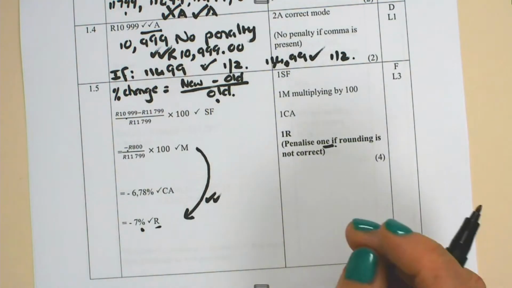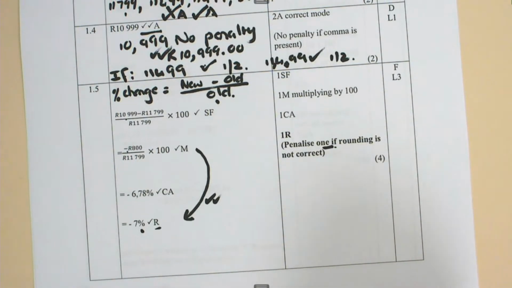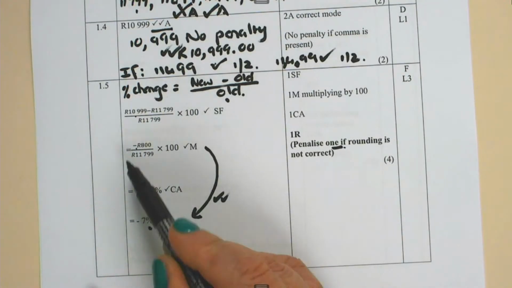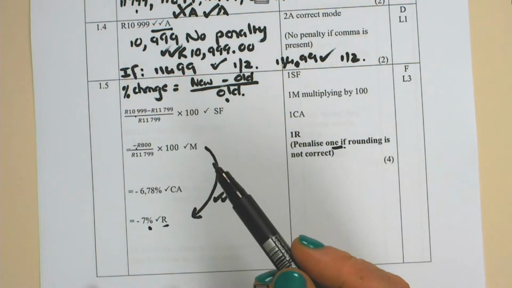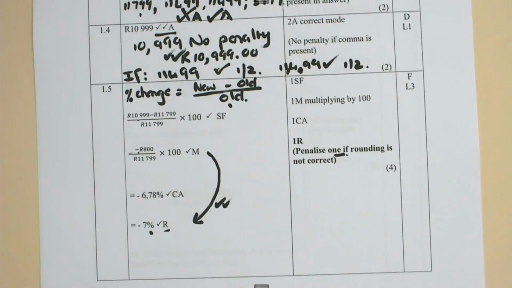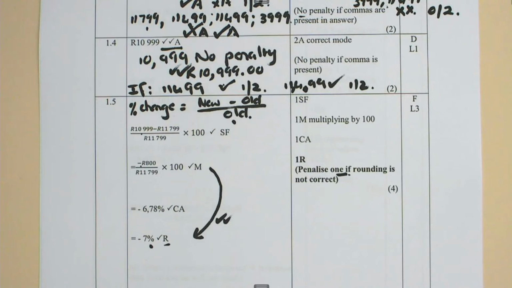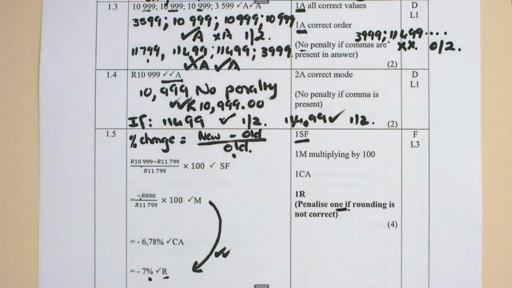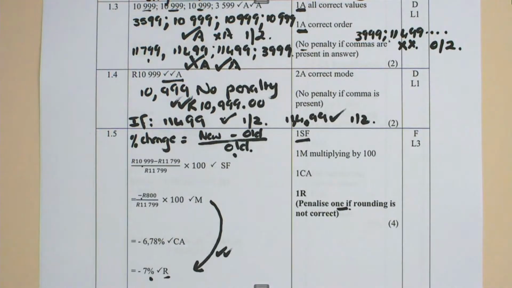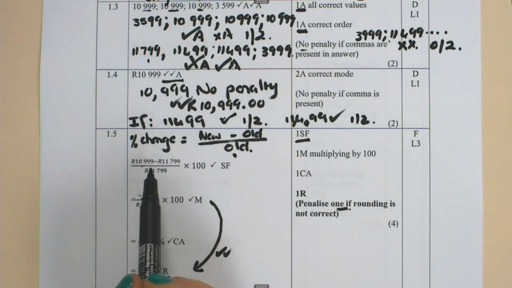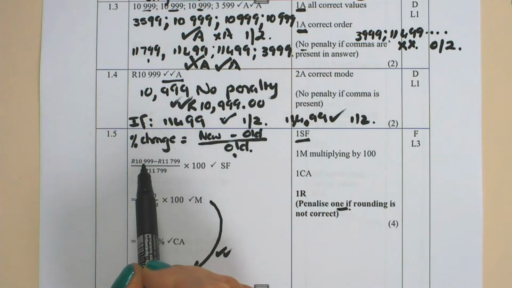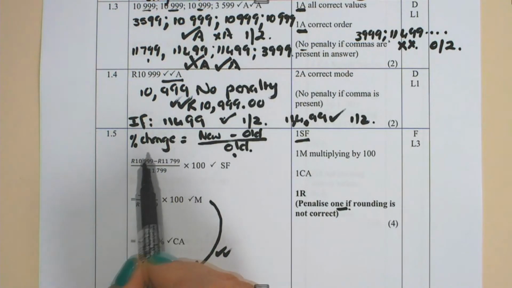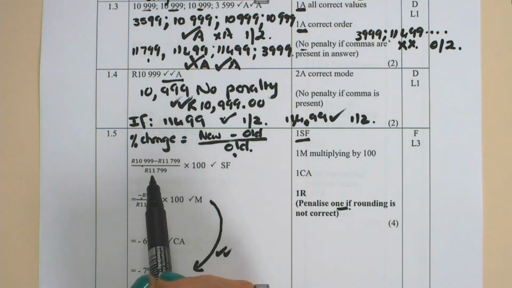Now, especially our math lit learners have a tendency of leaving out the negative sign. Let us just see what we will do if they do that. The first mark here is for substitution of correct values. So clearly, the correct values should be 10,999 minus 11,799 over 11,799.